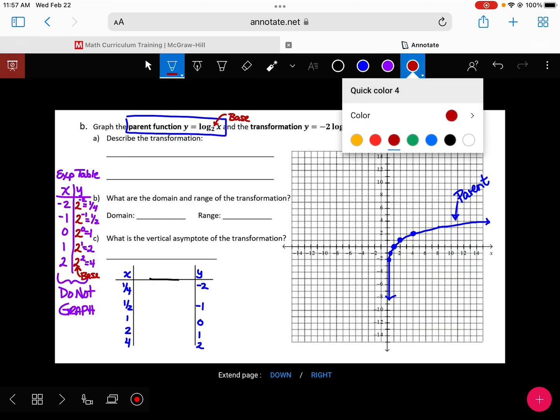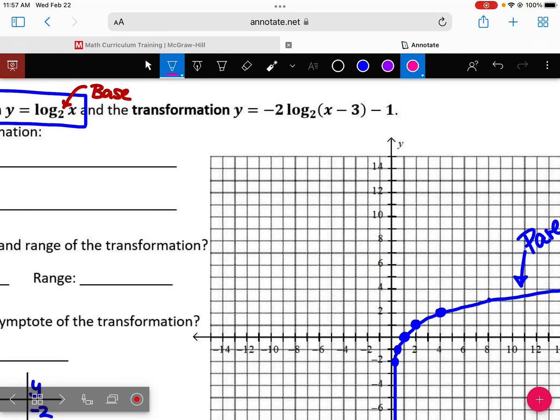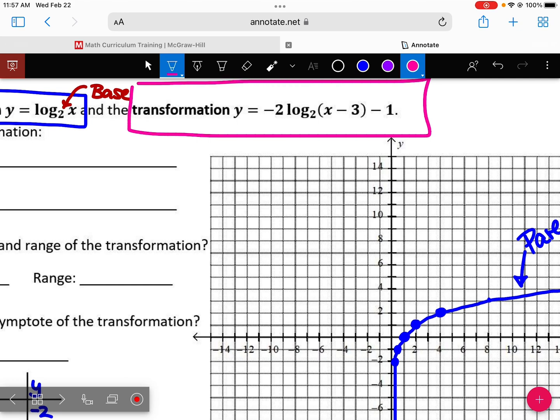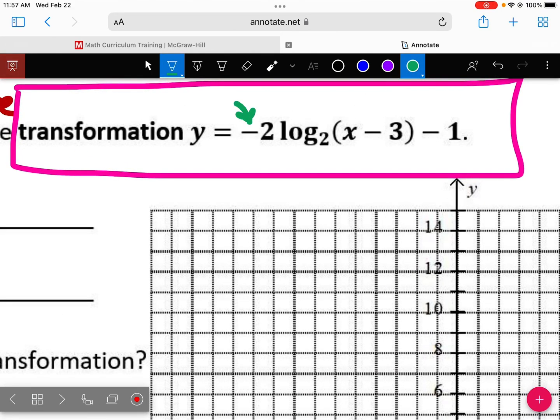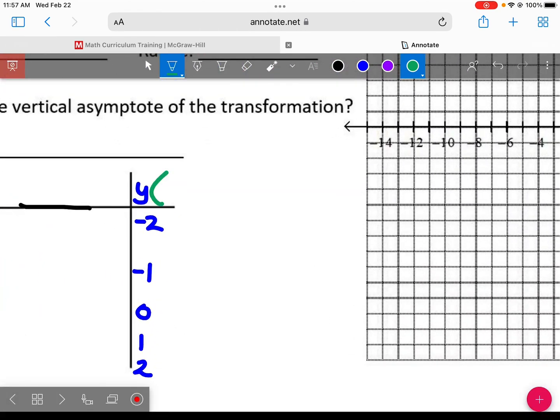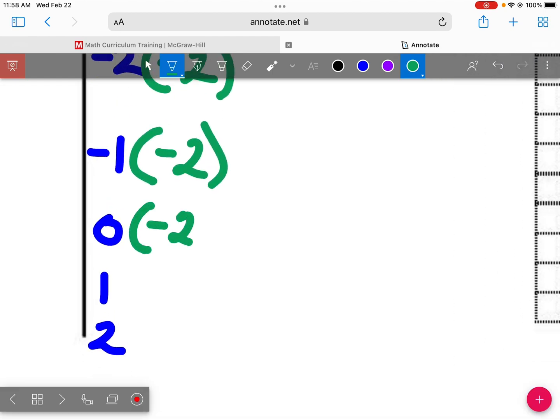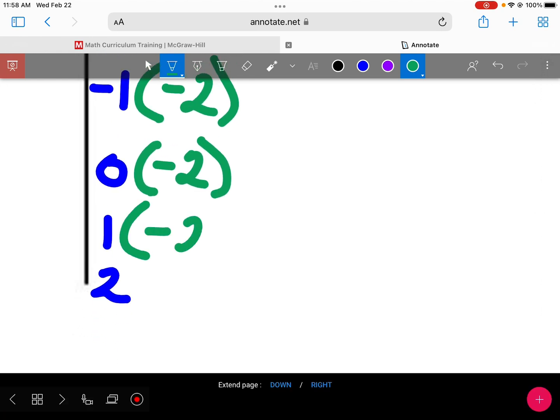All right, look at the transformation with me. Do we have an a value? -2. We are going to multiply the y's by our a value. What will the negative part of that a value do?